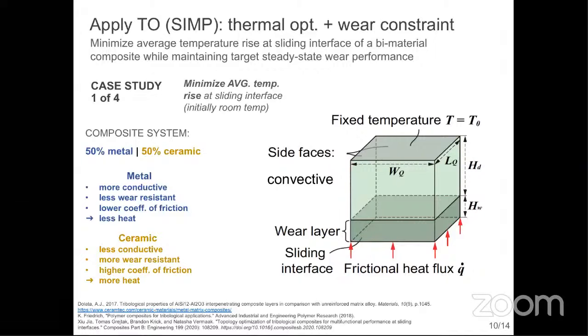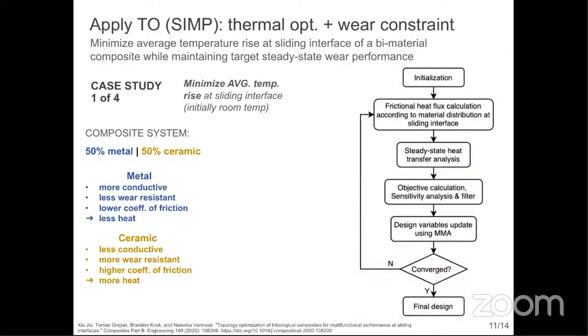In this pair, the metal is more conductive, less wear resistant, has a lower coefficient of friction, and as a result, it generates less heat comparatively, less frictional heat. Whereas the ceramic is less conductive, is more wear resistant, has a higher coefficient of friction, and thus generates more frictional heat. We then apply a classic density-based SIMP approach for the thermal optimization case with a wear constraint.